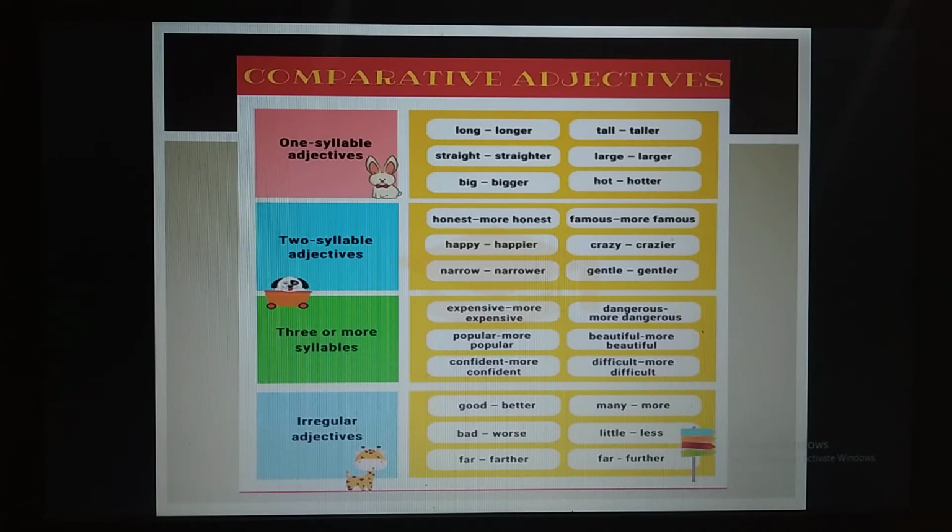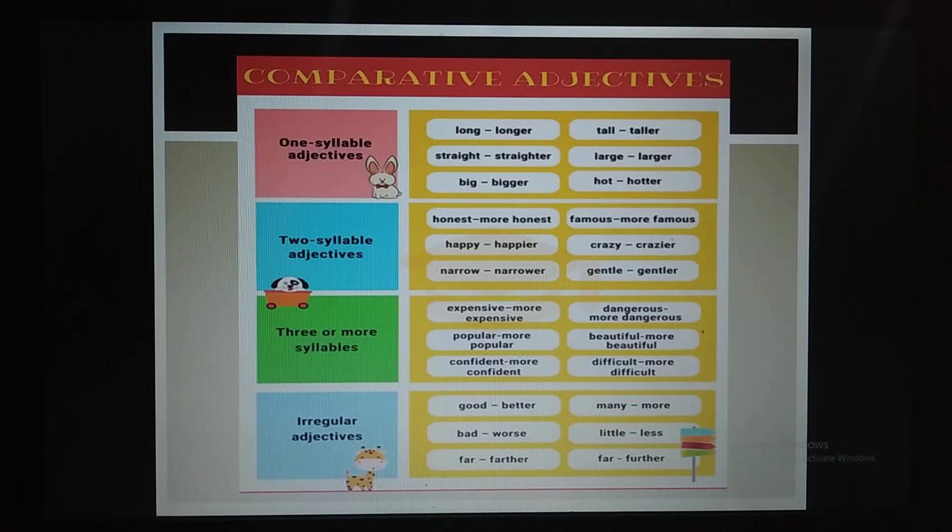It means some adjectives change their spelling to make the comparative. So for example, good is to better, bad is to worse, far to farther, many to more, little to less, and another for far is further.